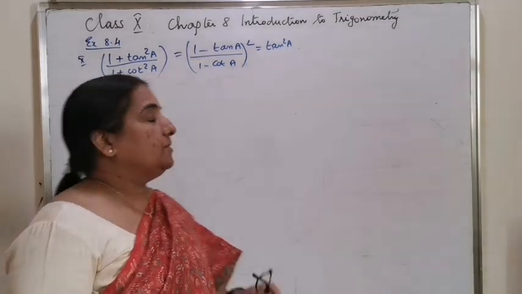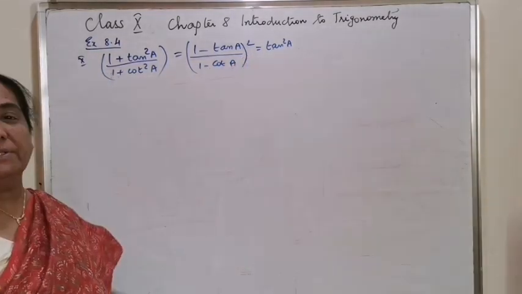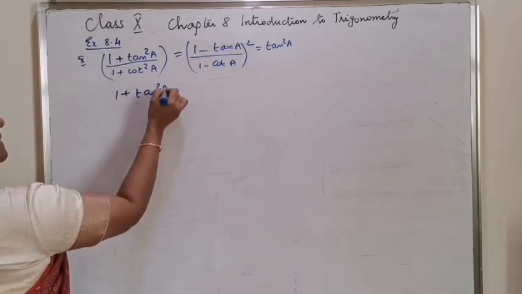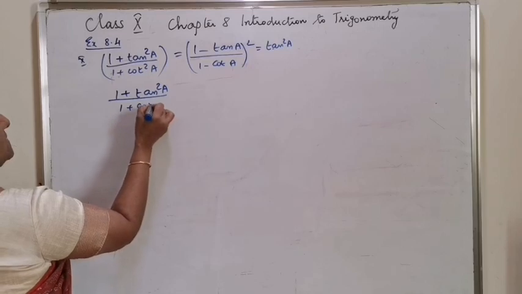Subdivision 10. You have to prove both these quantities are equal to tan square A. (1 plus tan square A) by (1 plus cot square A).